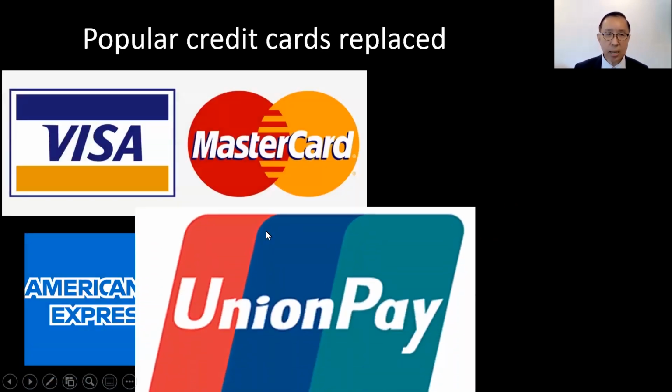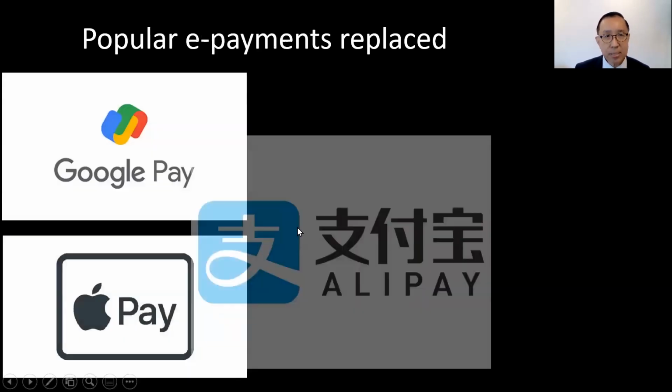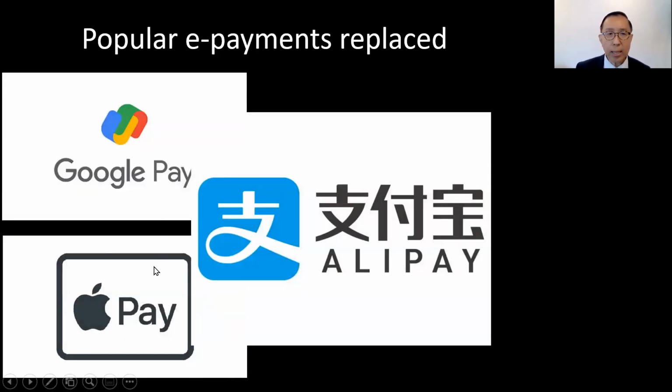Visa, MasterCard, American Express stopped allowing their customers to use them in Russia. So what Russians did was they moved over to UnionPay, which is the Chinese credit card system. E-payments, the same. Google Pay and Apple Pay were removed, and so people moved over to Alipay.